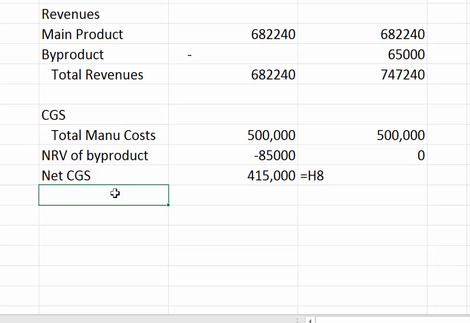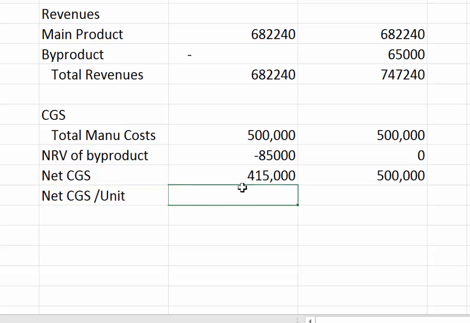After this net CGS, I would add one more step, which you don't see in the class example and also the solution I gave you. I'm going to call it CGS per unit.